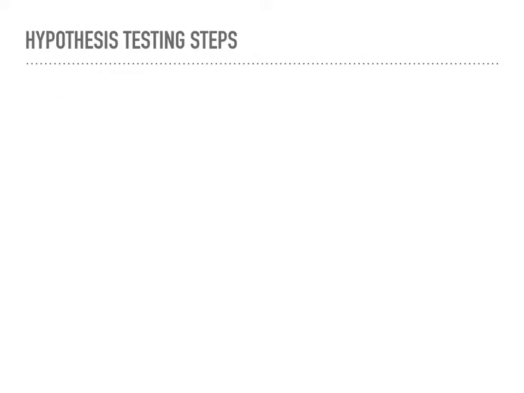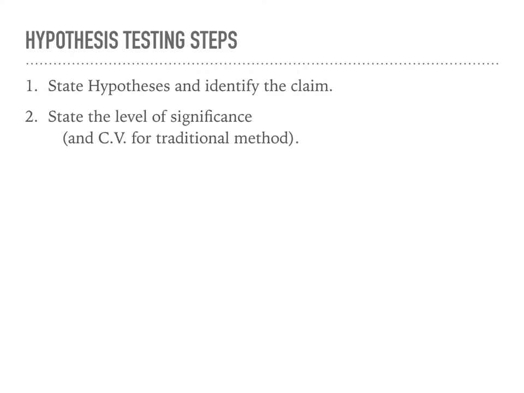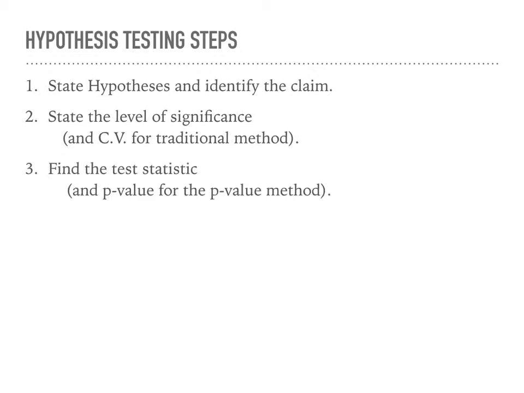Let's talk about our hypothesis testing steps. It's the same 5 steps that we've seen before. State your hypotheses, identify your claim, state the level of significance, and your critical value if you're doing the traditional method. Find your test statistic and the p-value if you're doing the p-value method, which if you're using the calculator, most of you are.